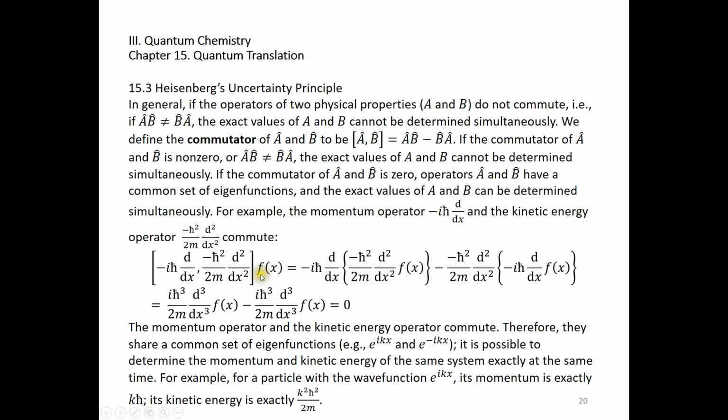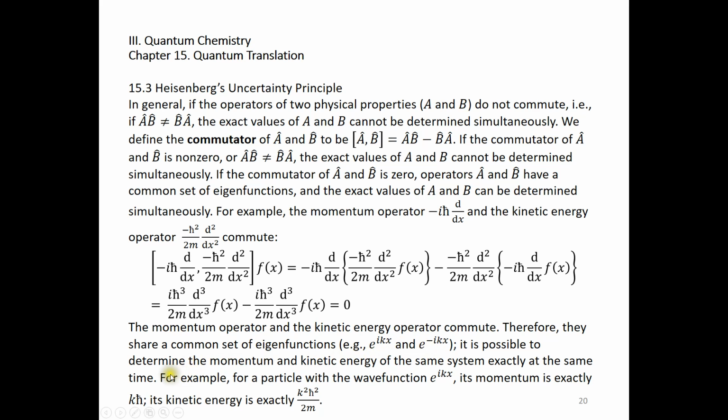The kinetic energy operator and the momentum operator commute. Their commutator is 0. That means they share a common set of eigenfunctions. For example, this function is an eigenfunction of the momentum operator and also the kinetic energy operator. e to the power of negative i kx is also an eigenfunction of the momentum operator and also the kinetic energy operator.